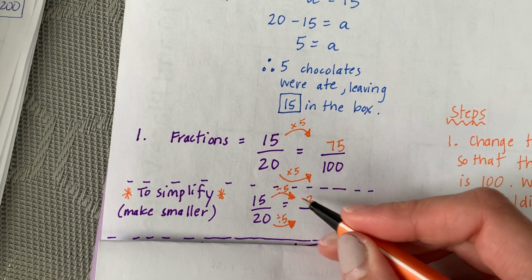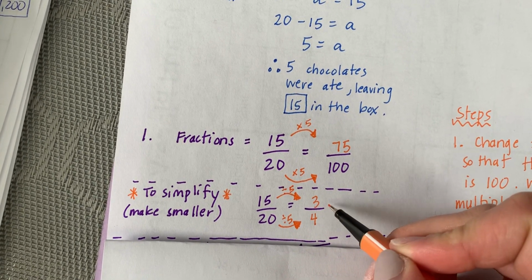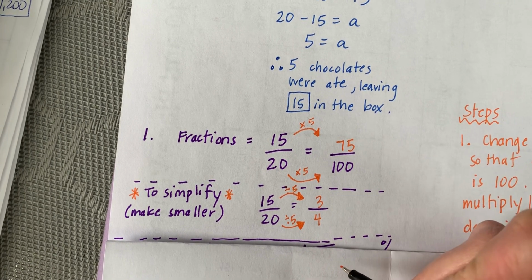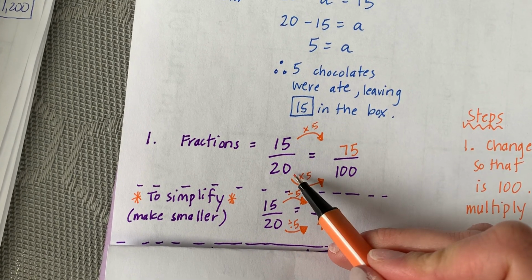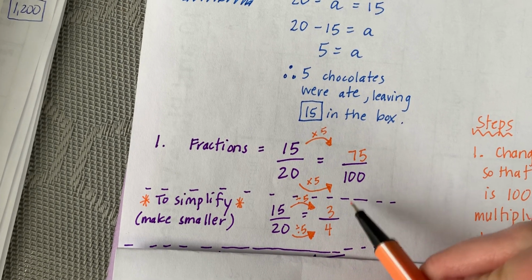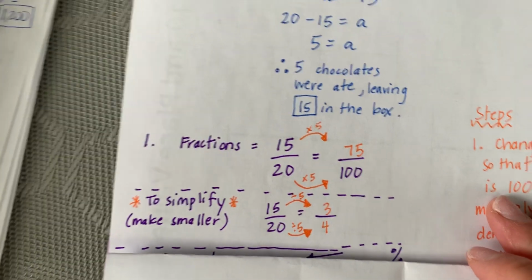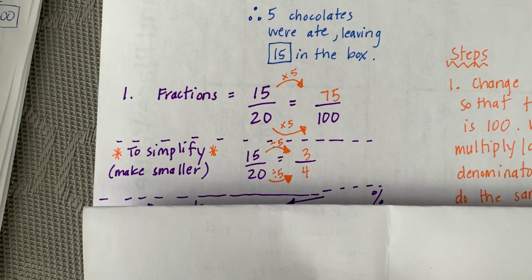So 15 divided by 5 is 3, and 20 divided by 5 is 4. This is my simplified fraction here. So 15 out of 20 is equal to 75 out of 100 is also equal to 3/4. So those are all equivalent fractions. That is just simplest terms.